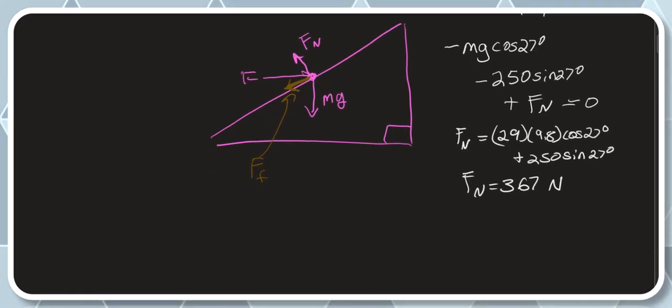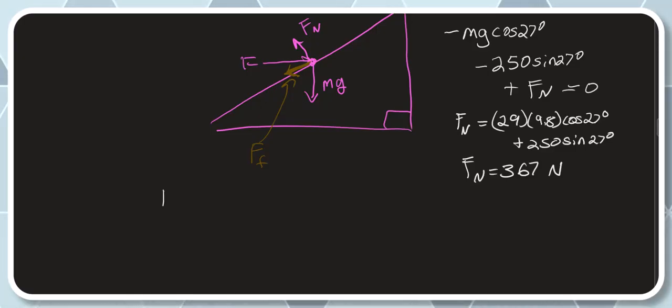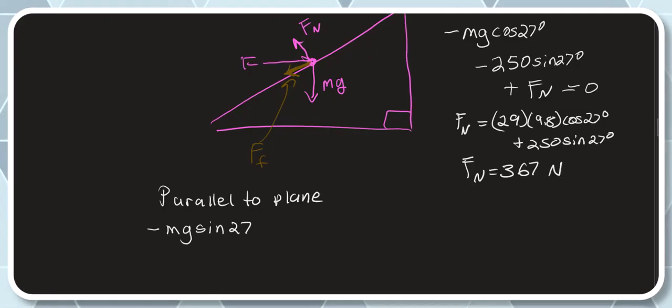Now to find the coefficient of friction, we know parallel to the plane, we have our component of gravity, which is going down, so I'll call that minus mg sine 27. And then we had our component of the horizontal force that was going up the plane, that'll be plus 250 cosine 27. And then we're going up the plane, so friction is going down the plane, so minus the force of friction down the plane.